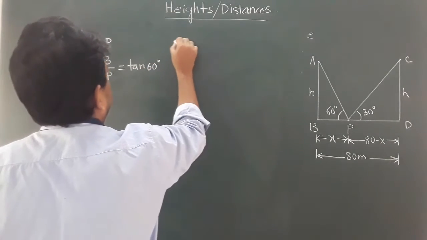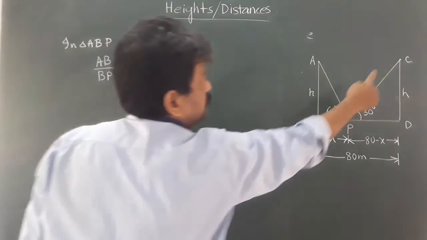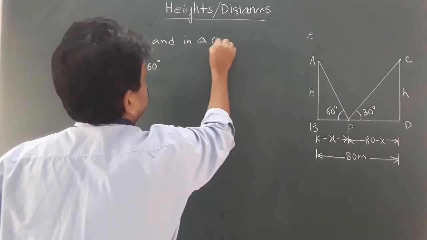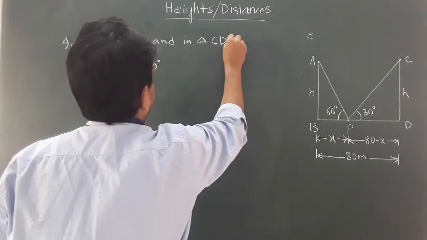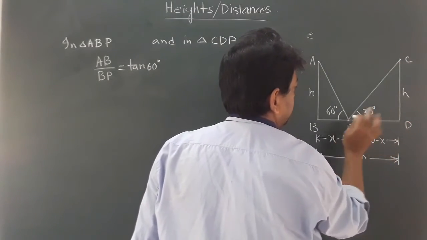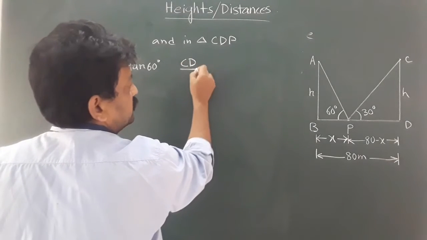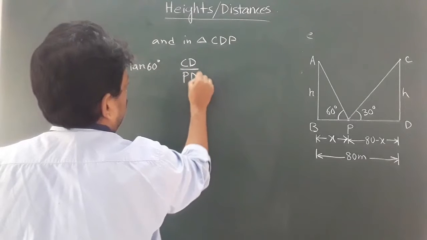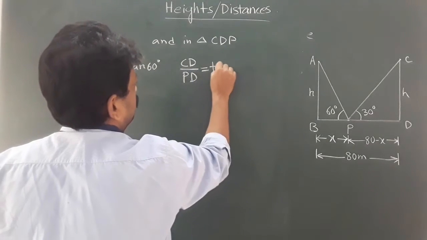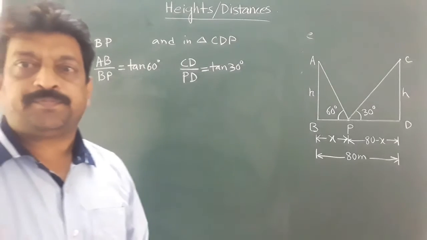And in triangle CDP, here also perpendicular upon base is tan theta. So perpendicular is CD, base is PD, and that is equal to tan 30 degree. Understood?